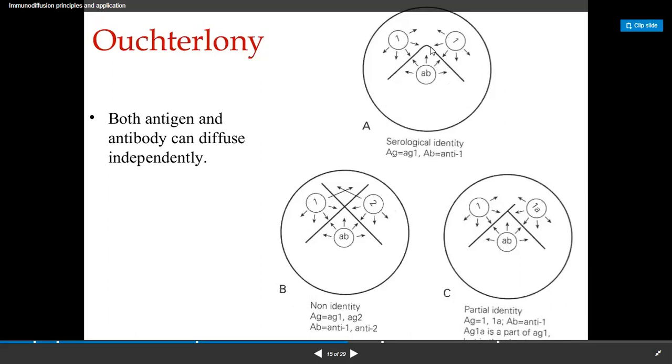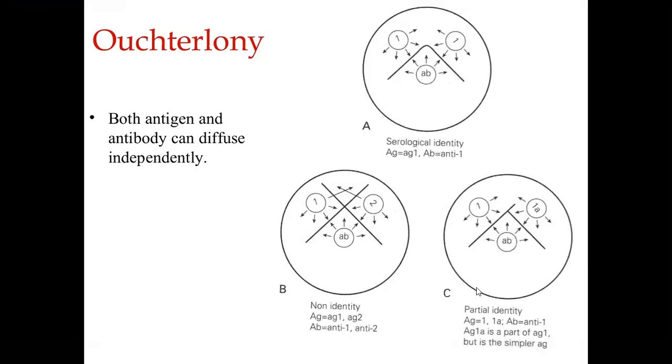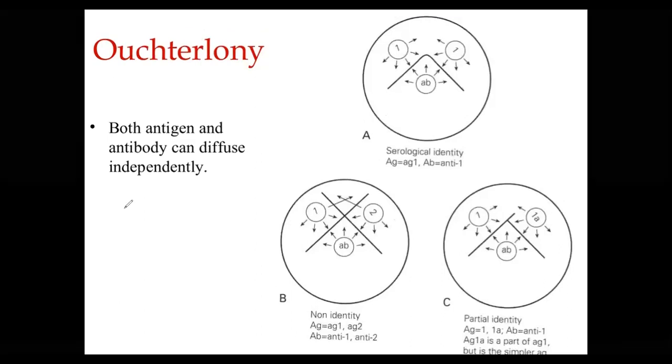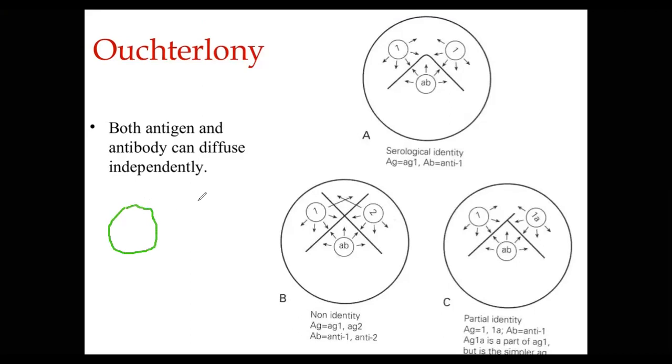And what is the meaning of identical? Suppose this is antigen 1 and this is antigen 2. They have a particular receptor, a particular epitope on it.